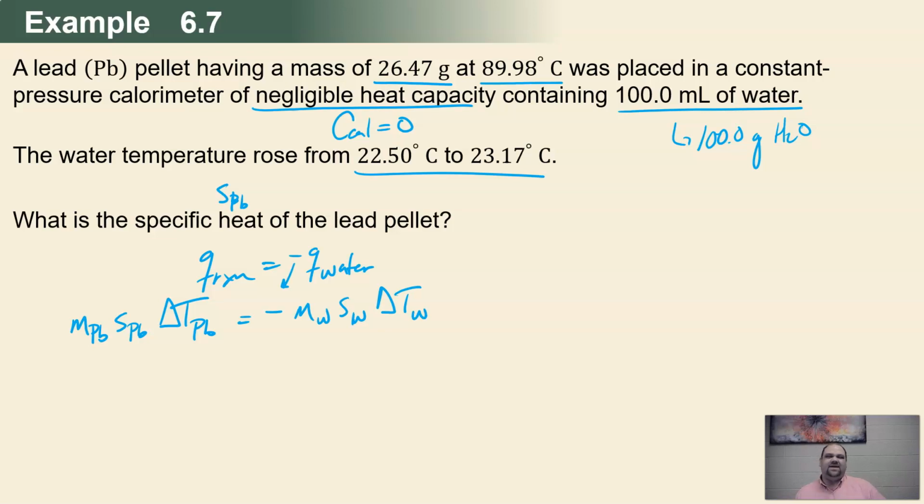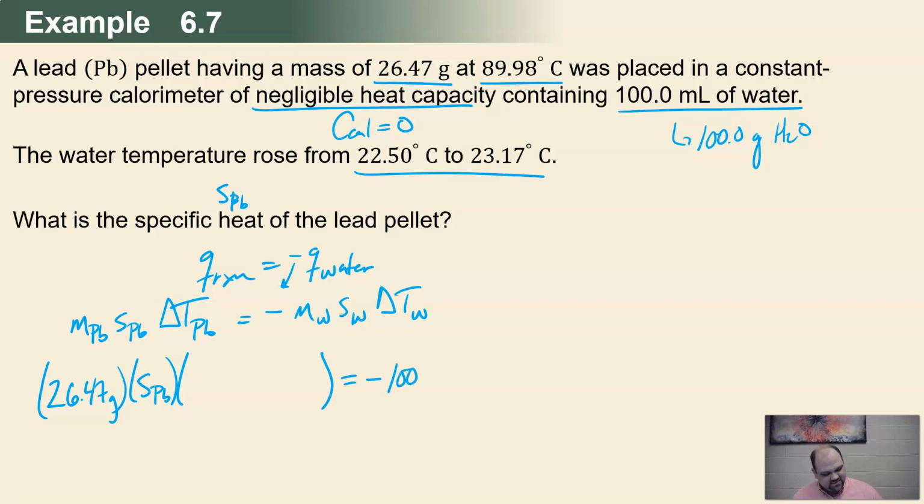Now this seems like a lot of pieces, but we know almost everything, right? It gives us the mass of the lead, 26.47 grams. We're asked to find the specific heat capacity for lead. The temperature of the lead, we'll come back to that one in just a second. Let me go ahead and write all the rest of this out. Can't forget that negative sign.